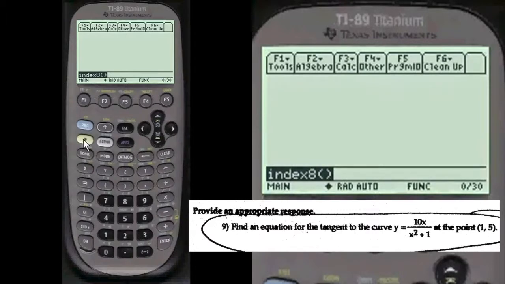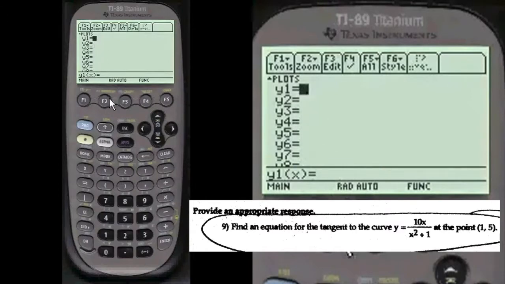We're going to press the yellow key and F1. So we got the graph points. We're going to graph the original function, which is 10 times x divided by x squared plus 1.